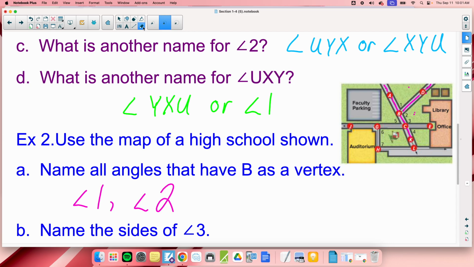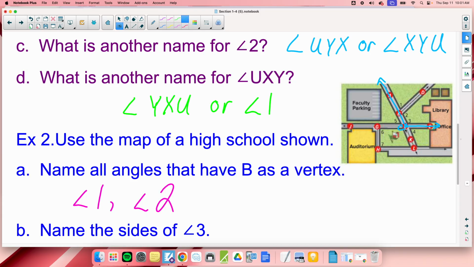The next one asks for the sides of angle 3. So angle 3, so it would be C, and then angle 3 goes out here and goes up here, okay? Name the sides. So, I kind of covered these up, but this was a C, right?